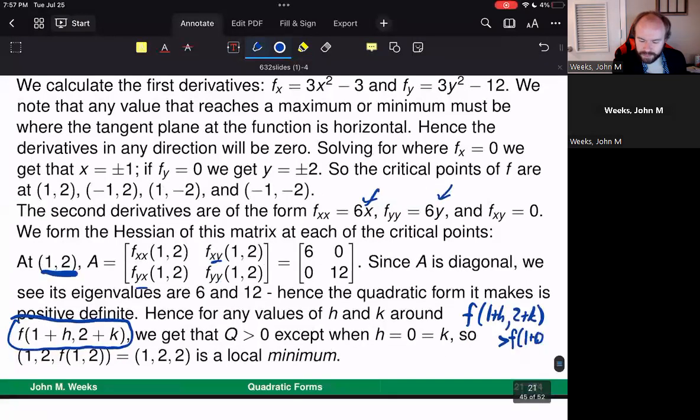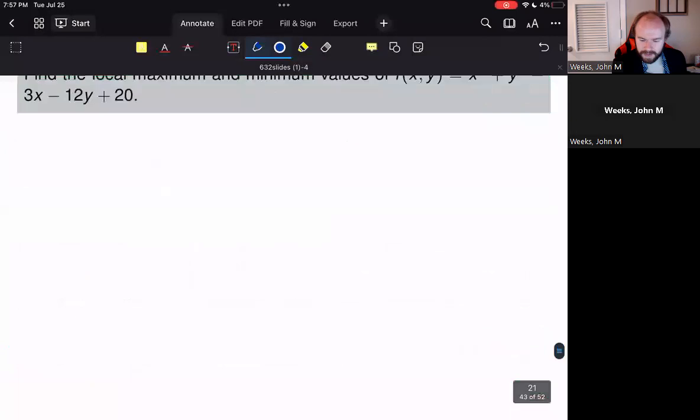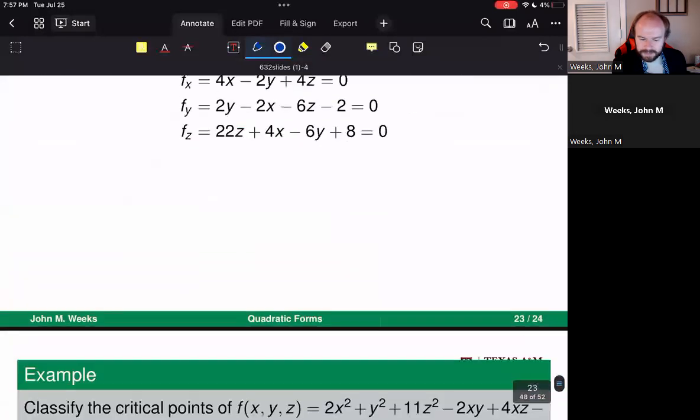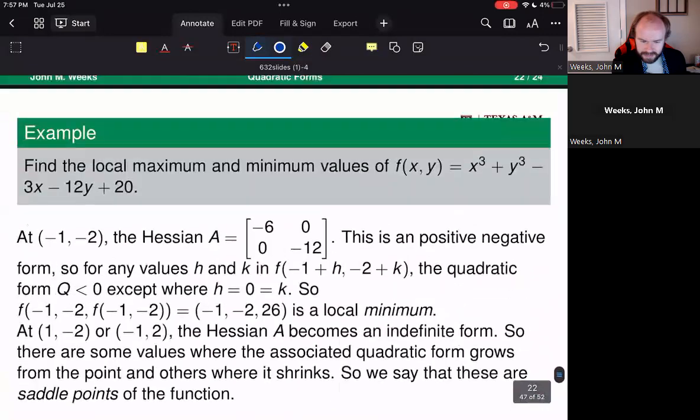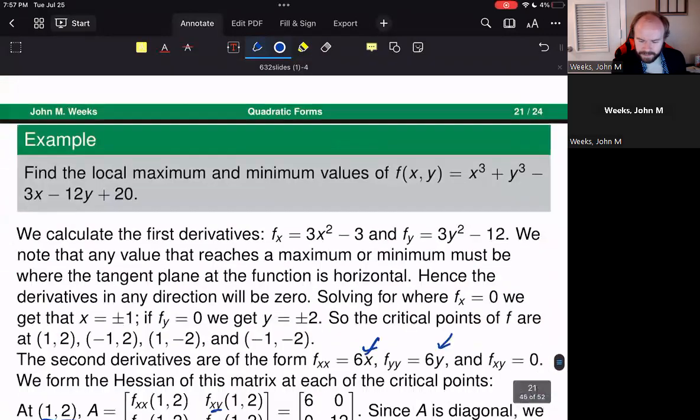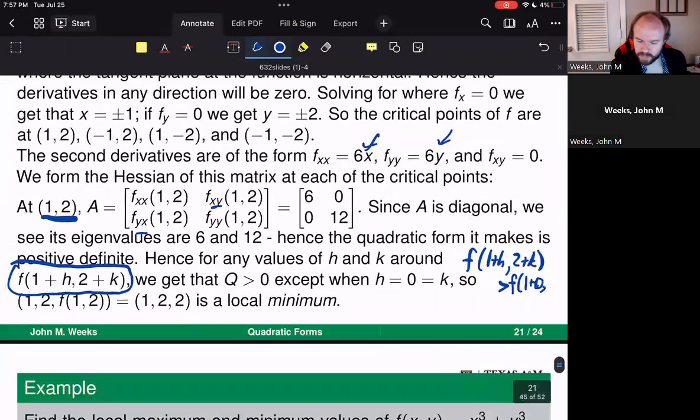If I plugged in 1 plus 0 here, as well as 2 plus 0 here, this would be when q of x is equal to 0. And here we know that this is greater than 0 because this q of x is what we get when I'm plugging in a non-zero vector for h and k.